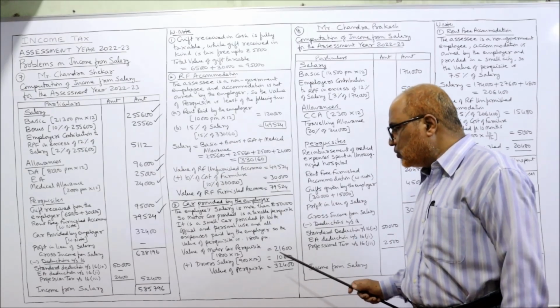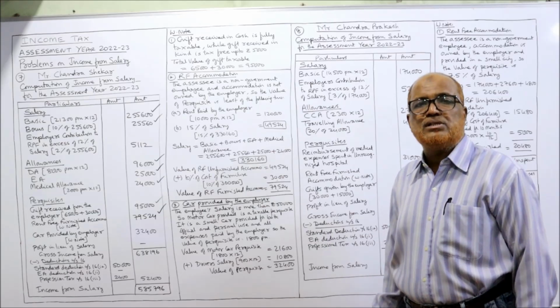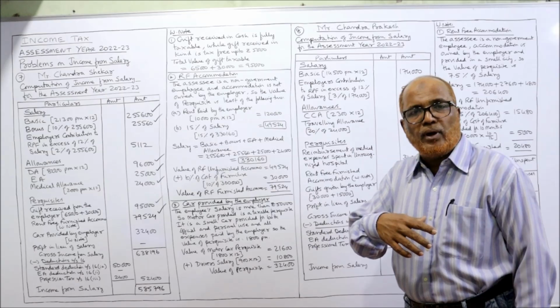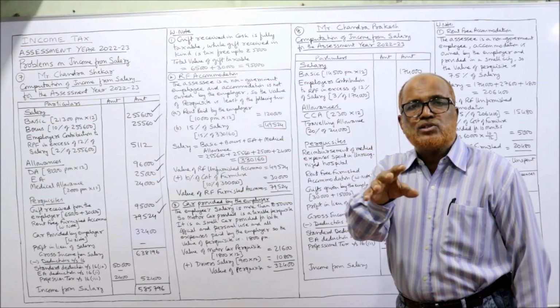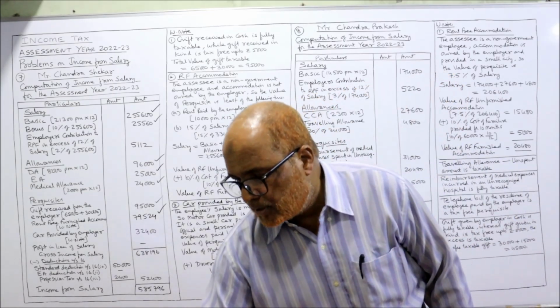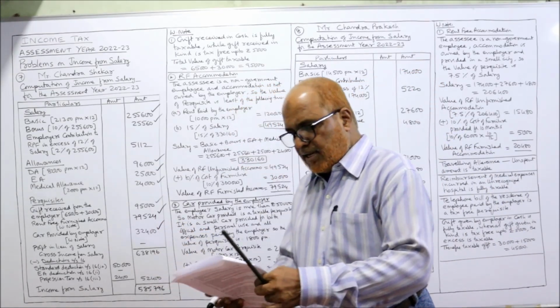Total comes to 32,400. So 32,400 is the value of the perquisite of the small motor car given by the employer to the employee for both official and personal use, and all expenses are paid by the employer. That's it. So we got the value 32,400. Next item.